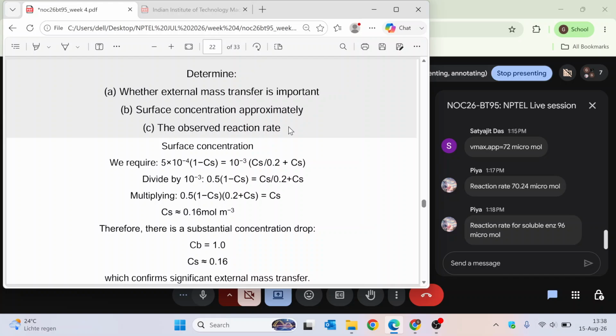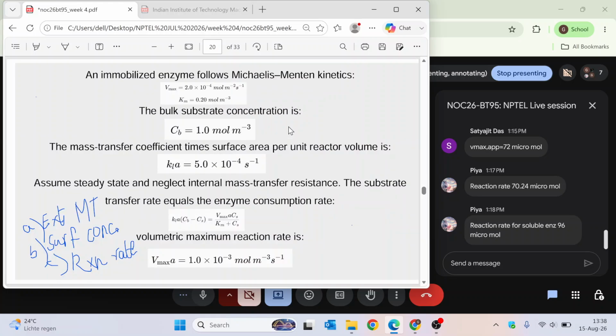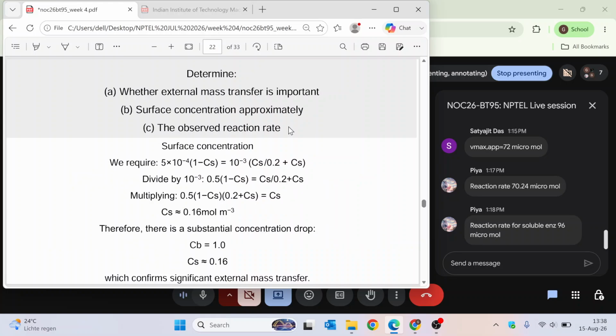And for surface concentration, the first form is what you will be needing. You have to solve that equation, right? So you have the equation and you have to solve for it.